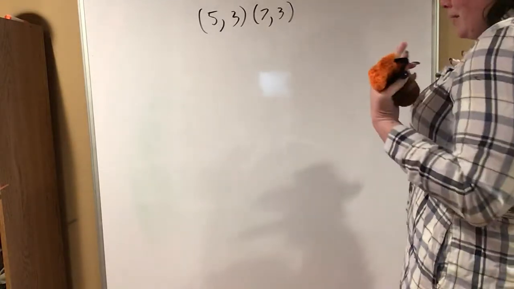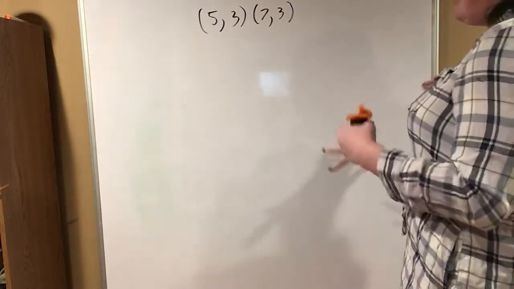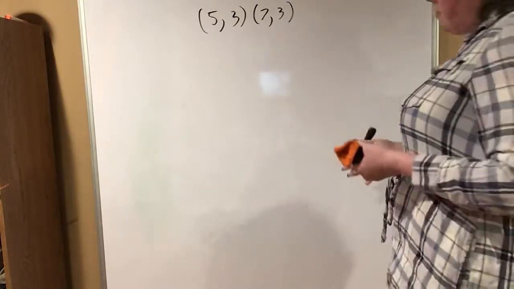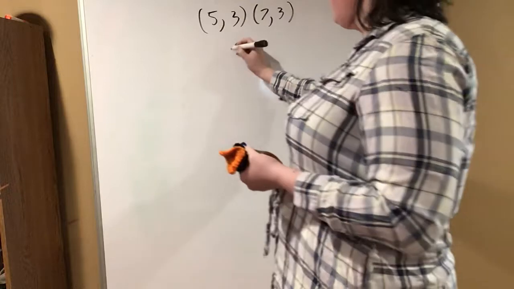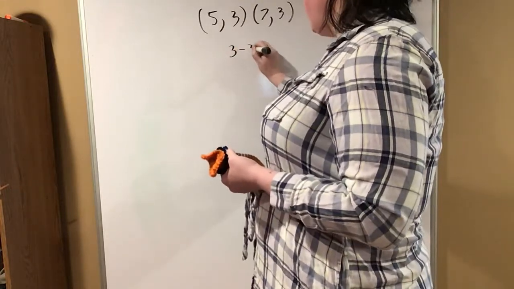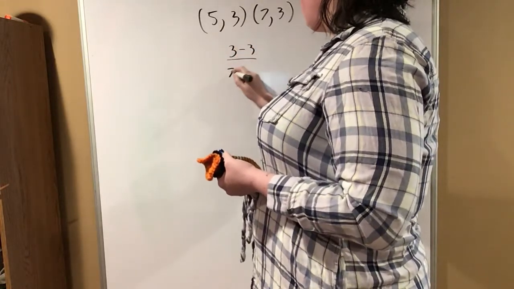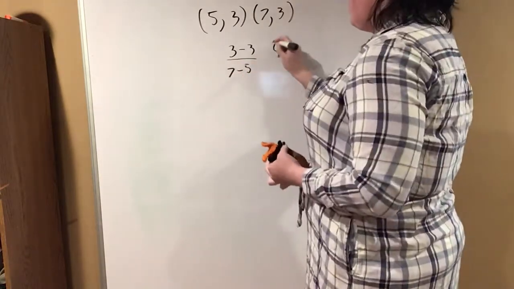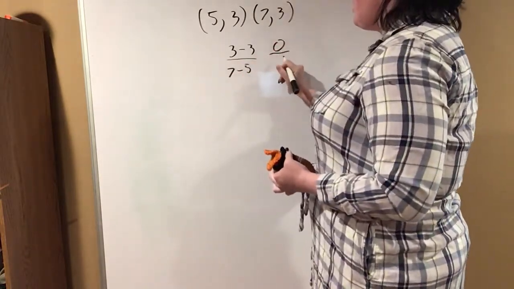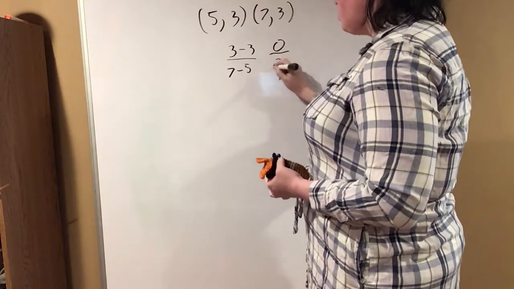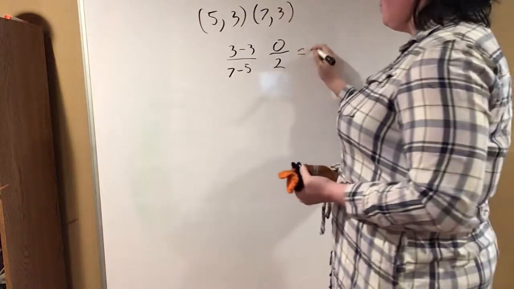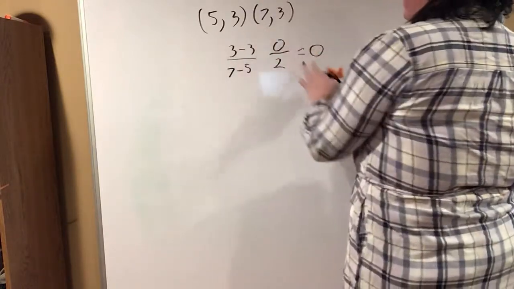Well, right here I can see what the slope is, but we'll go through and find out. So I'm going to do 3 minus 3 over 7 minus 5. Well, 3 minus 3 is 0, and 7 minus 5 is 2, and 0 over 2 is 0. So our slope of this one is 0.